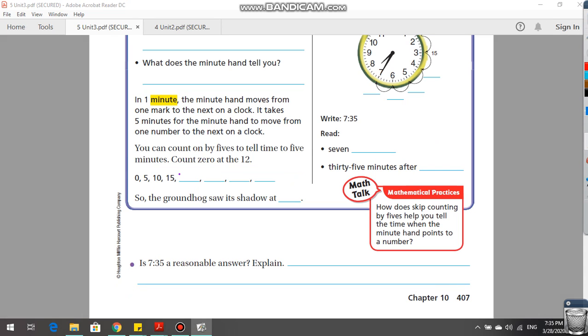So if I skip count by 5, 5, 10, 15, 20, 25, 30, and 35, the groundhog saw its shadow at 7:35.